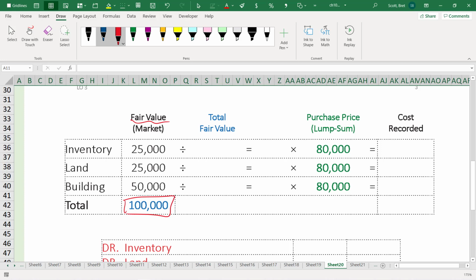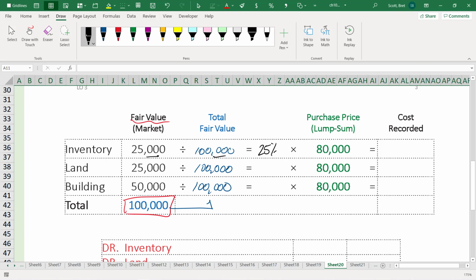And what we can do is take each one of those items and divide it by the 100,000. If we do that, we can figure out, as a percentage of total fair market value, what is the value of inventory? 25,000 divided by 100,000 is 25%.